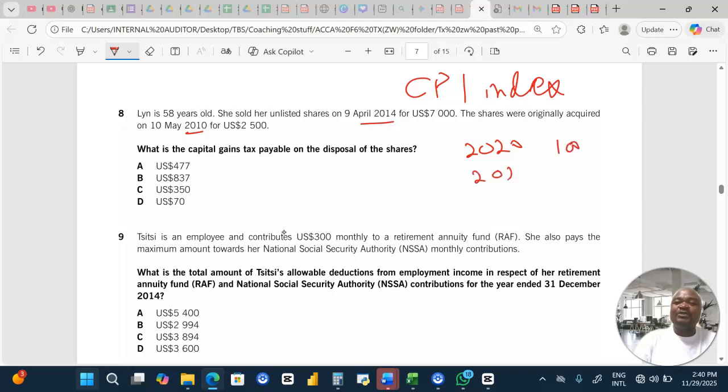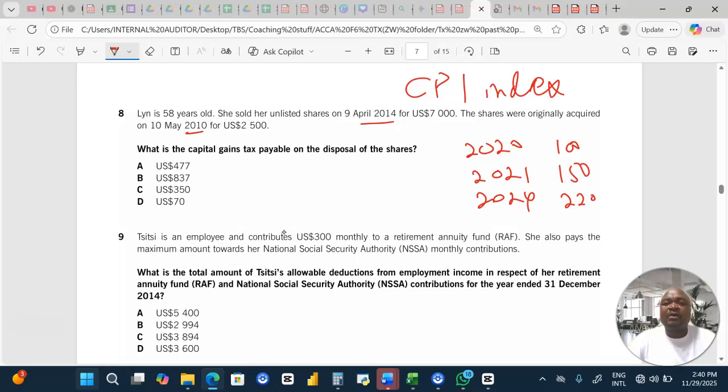The 2021 CPI was 150, and when the shares were sold, the 2024 CPI was 220. You'll be given this. This is what normally happens, isn't it?